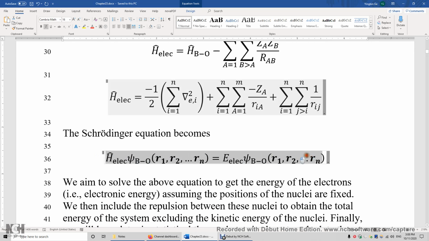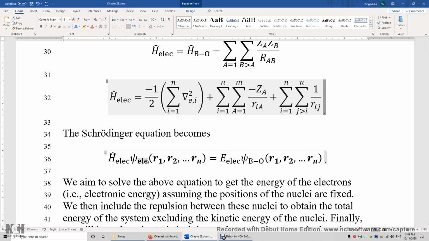And over here, this is the Schrodinger equation. I should replace this BO with ELEC, because we're just talking about the wave function of the electrons. Fortunately, we do not have to use a quantum mechanical wave function to describe the nuclei.